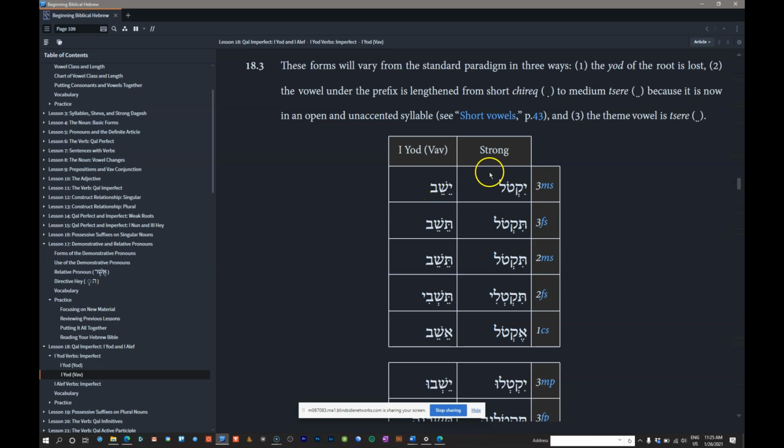Just because it doesn't look anything like yiktol, which is the strong, regular version of this verb, I still know that this is a cal imperfect. I've got my imperfect prefix, and the sere sere pattern tells me that this just happens to be the cal imperfect form of a fake one yod, what we call a one yod vav. Does that make sense?